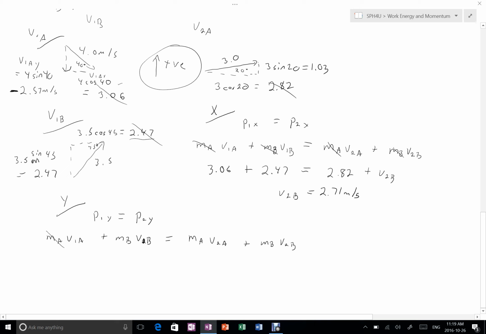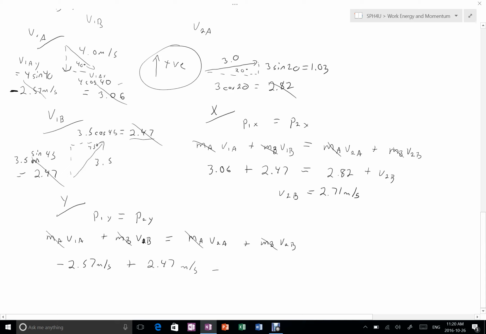All these masses are the same, so I can cancel them all out. So this one's negative 2.57 meters per second plus 2.47 meters per second. That's him and him.